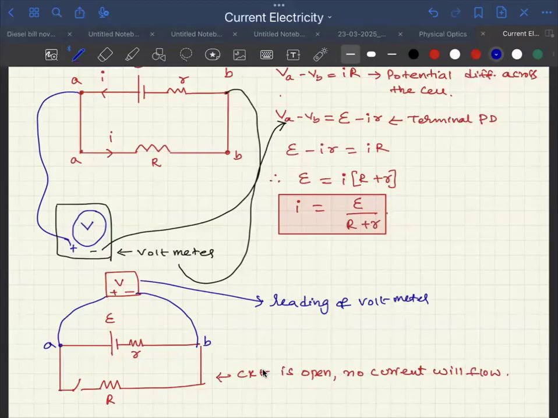Sir, E. Exactly correct, Harsha. So now the voltmeter reading is E, which is the EMF of the cell. So when is the EMF of the cell recorded? Simple, in open circuit condition.